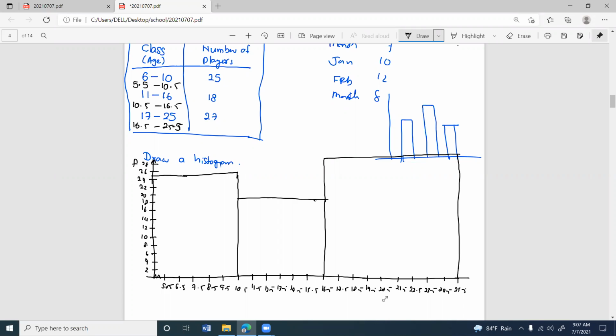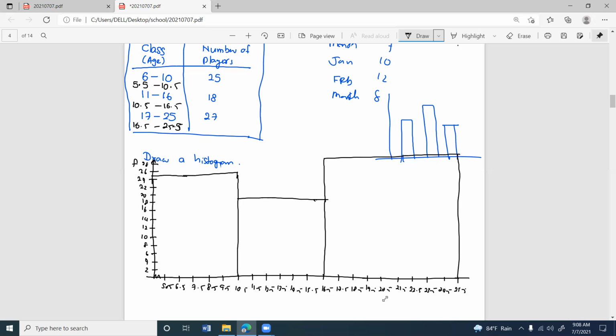The gap is only 5, and there are 25 pieces of information. Here the gap is also 5, and there are 18. But here, from 16.5 to 25.5, the gap is around 9. For a gap of 9 only, you get 27.